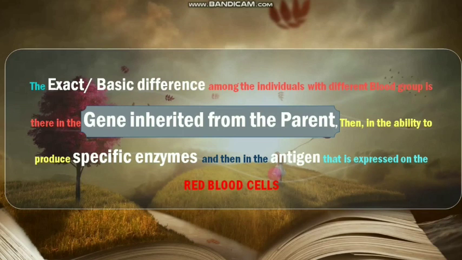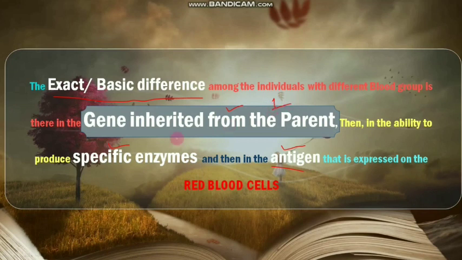If you are getting a question, what is the basic or exact difference among individuals with a different blood group, and getting choices like the gene inherited from the parent, specific glycosyl transferase enzymes present, and the specific monosaccharide chain that is present on the RBC, then you have to first opt for the gene inherited from the parent.